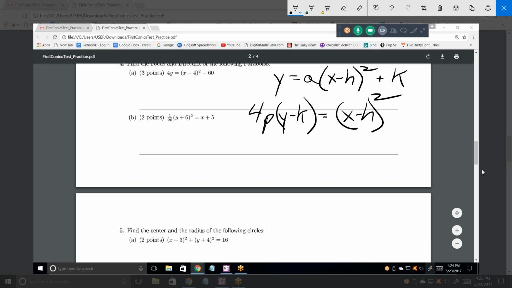Now, those two are the same thing. And there's a relationship between a and p. a is equal to 1 over 4p, or p is equal to 1 over 4a. Both of those mean the same thing. So notice that if I were to write 1 over 4p for a, and then multiply both sides by 4p, I get that 4p right there.